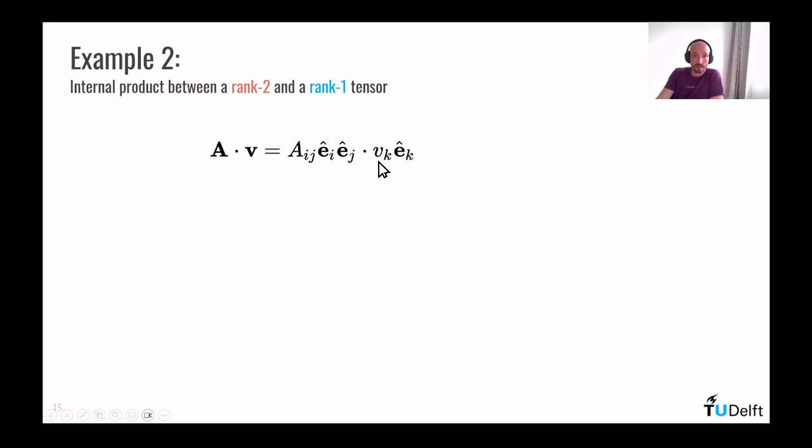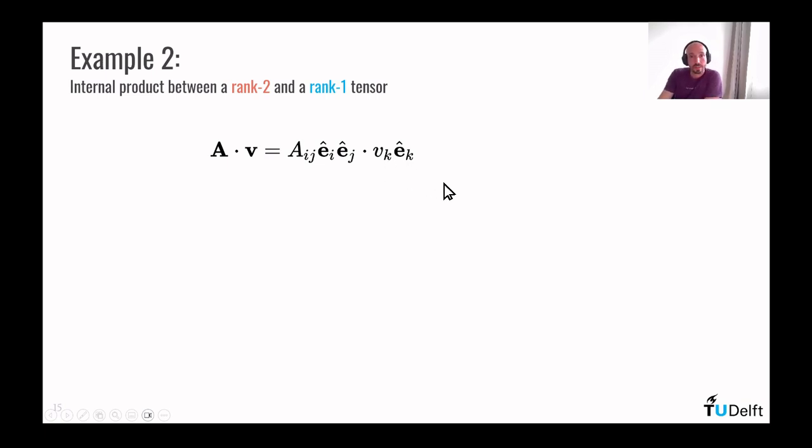For vector v, I can write v sub k, e hat sub k. Remember, I already used the letters i and j for tensor A. I cannot use i or j to represent vector v because they were already used. I have to choose another letter, in this case the letter k.